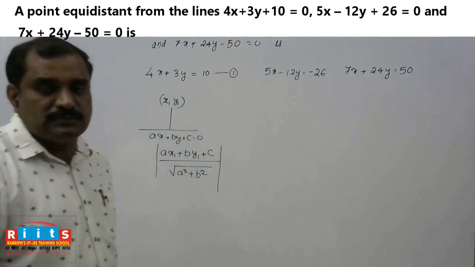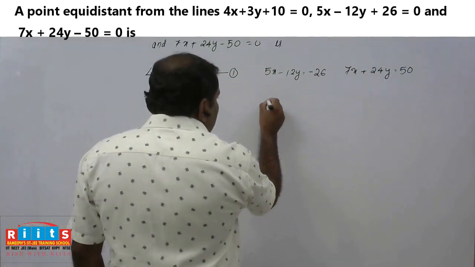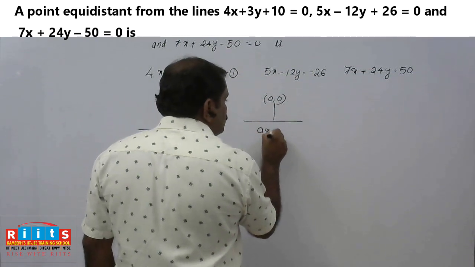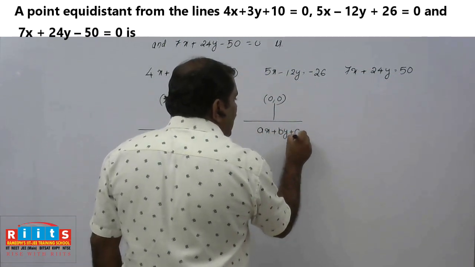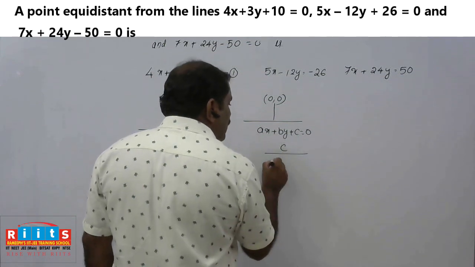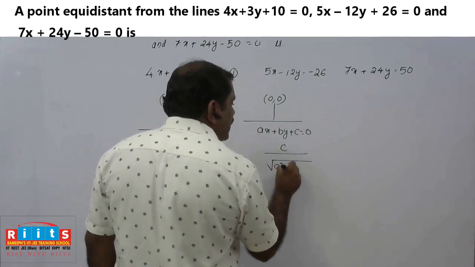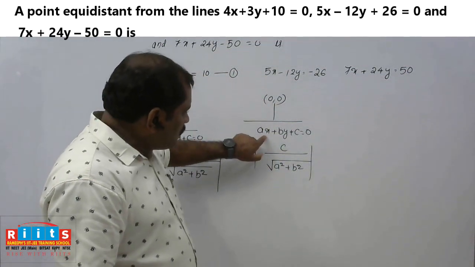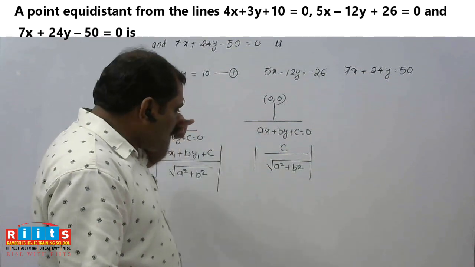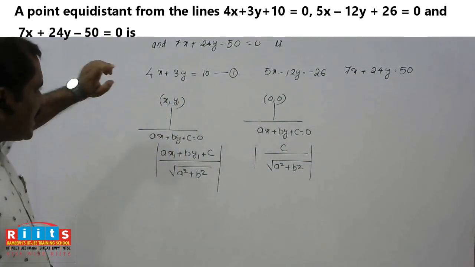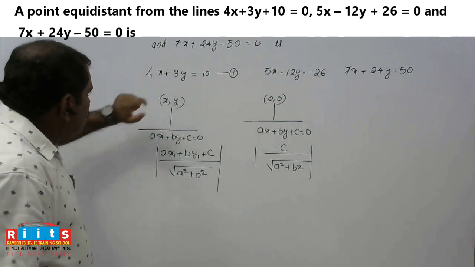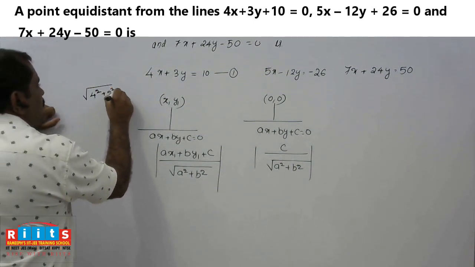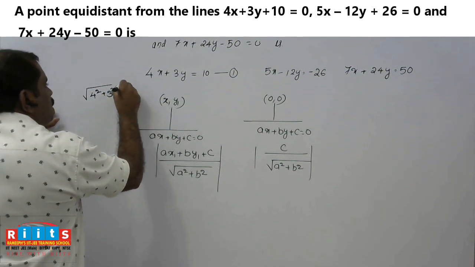Also we know that the perpendicular distance from the origin to a straight line is c divided by root of a square plus b square, because substituting the point, a into 0 is 0, b into 0 is 0. Please check the coefficients here: 4, 3. Root of 4 square plus 3 square, that is 25. Square root of 25 is equal to 5.